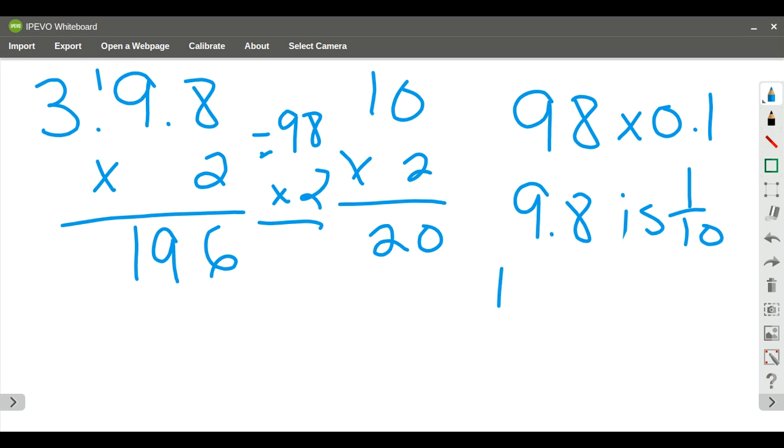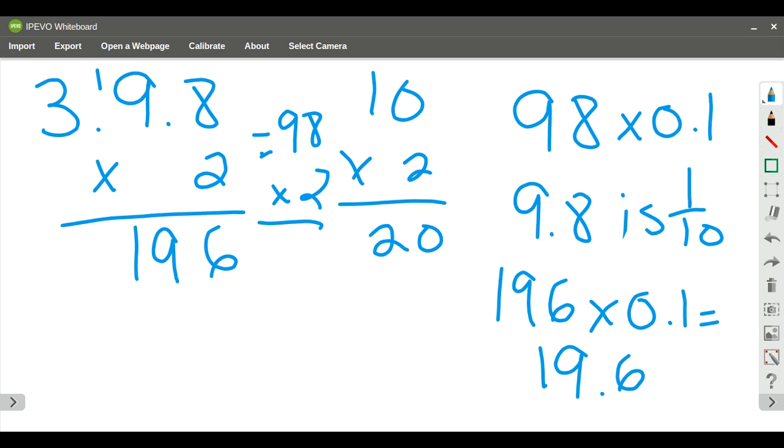So if I do 196 and multiply that by 1/10, I end up with 19 6/10. So that means I need to have one digit behind the decimal.